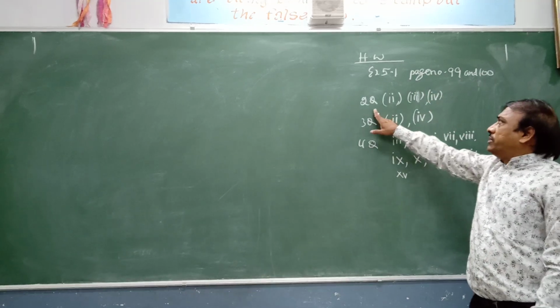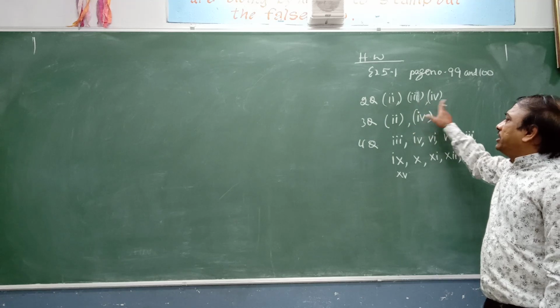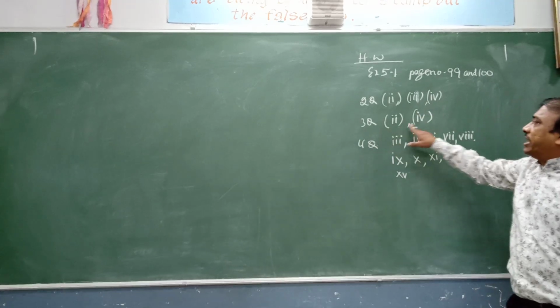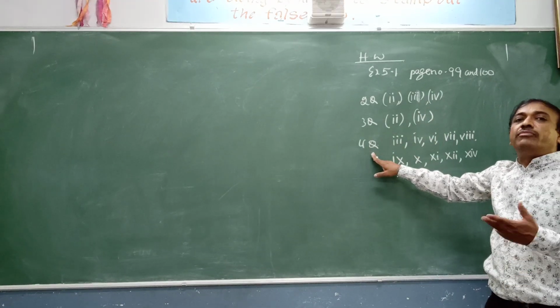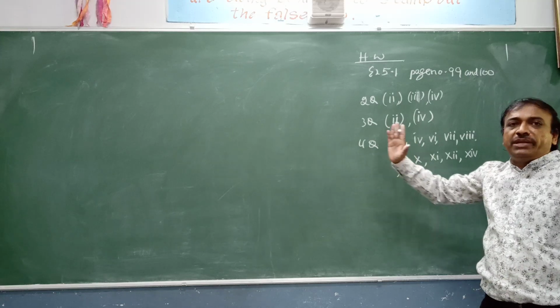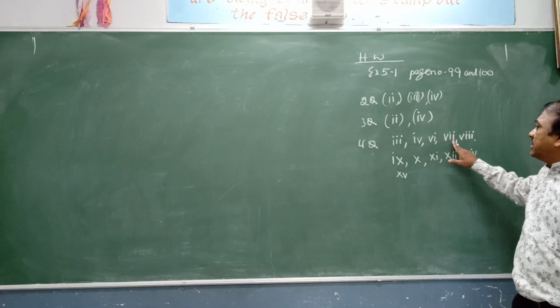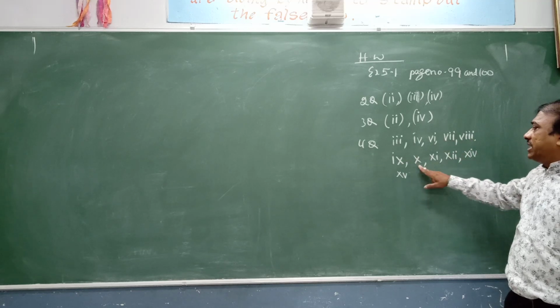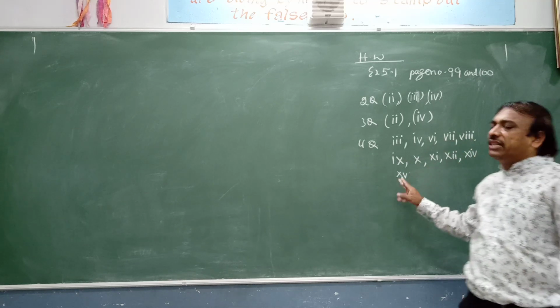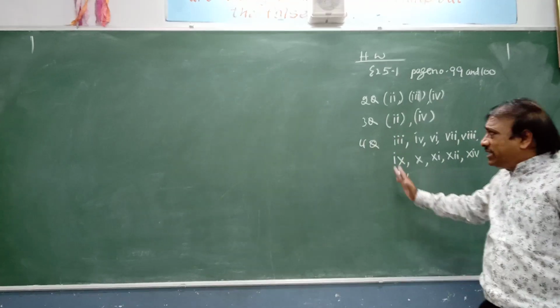Continuation: question number 2, these are the bits, second, third, fourth. Question number 3, second and fourth. Question number 4, you have many questions. I explained 3. Now the left over are 3, 4, 6, 7, 8, 9, 10, 11, 12, 14 and 15. So these are the homework questions.